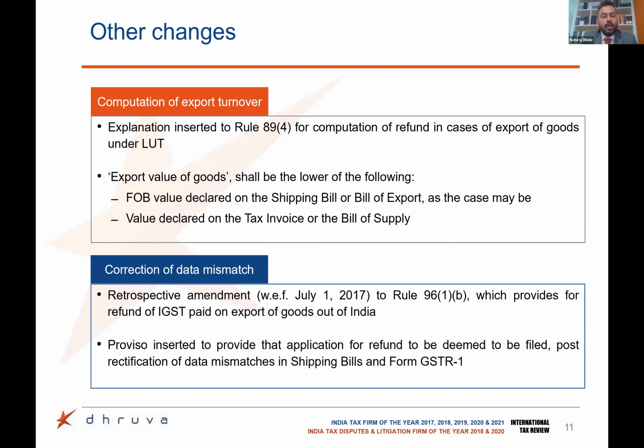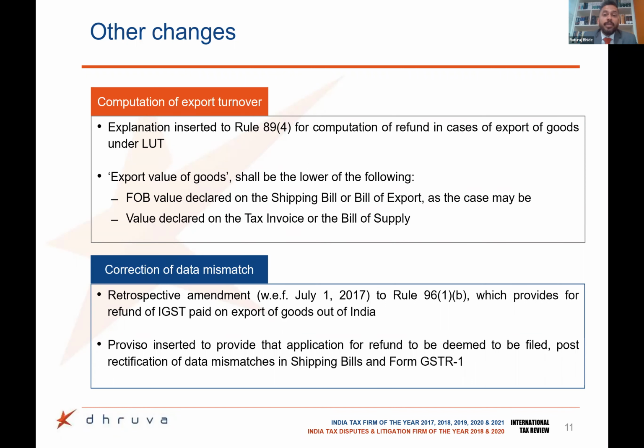Typically, one standard which most companies were following is that whatever is the FOB value was being used as the value of exports, and on that basis the refund was being computed. Now, we have to make sure that either the FOB value on the shipping bill or the invoice value, whichever is lower, is factored in. It will be interesting to note that this amendment has been introduced in the form of an explanation.